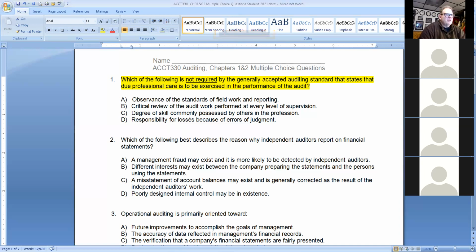C, the skill commonly possessed by others in the profession. And D, the responsibility for losses because of errors in judgment. Let's pick between those two. Which one of those two are you probably not required, being an auditor?